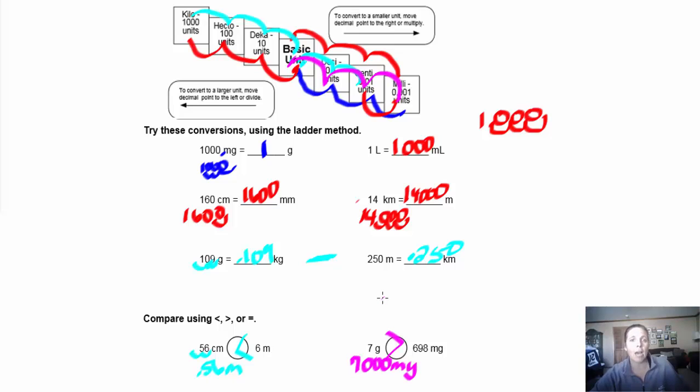Okay. Now, the problem here is some people forget the order. Okay, so we have K, H, D, B, that's just for basic unit, D, C, M. So this is our kilo, hecto, deca, the basic unit, deci, centi, milli.